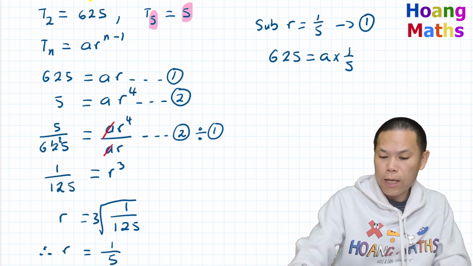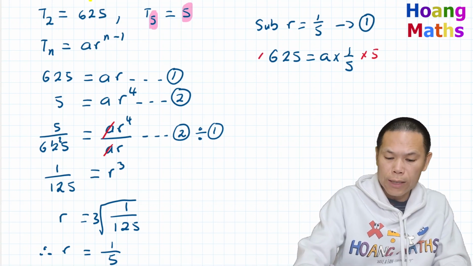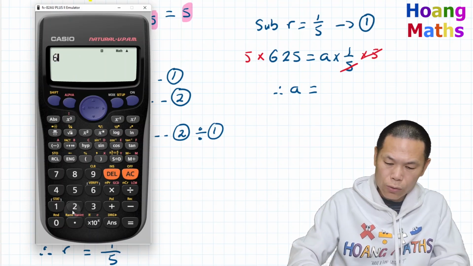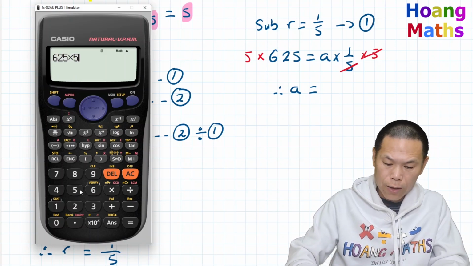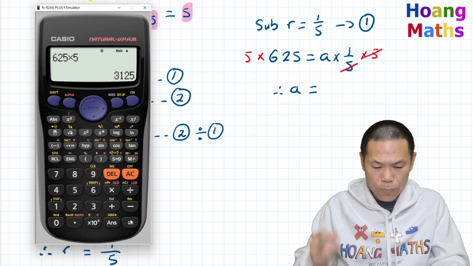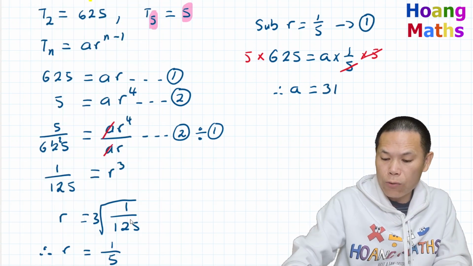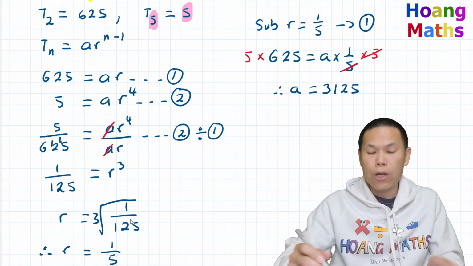So to solve this, I times 5 on both sides. So there you go. That cancels out. So therefore, A is equal to 625 times 5. So there you go, 3,125.